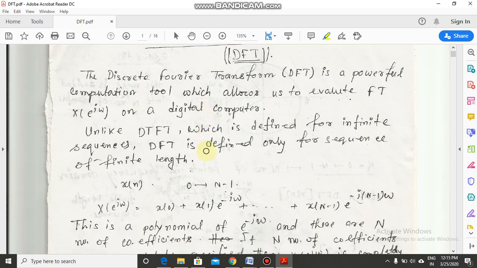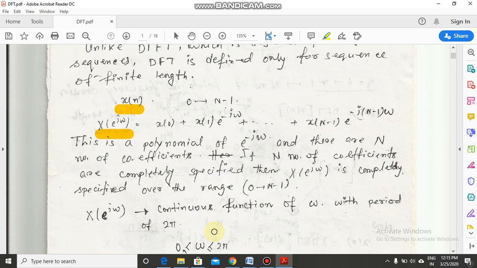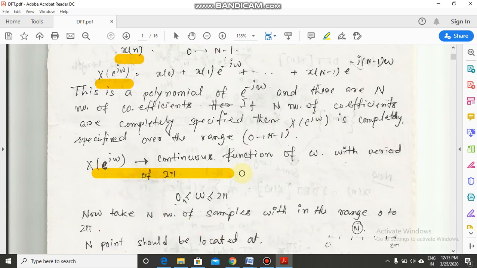Suppose we have a signal x of n. If we perform the discrete time Fourier transform, we have X of e to the power j omega. This X of e to the power j omega is basically a continuous function of omega with a period of 2 pi.